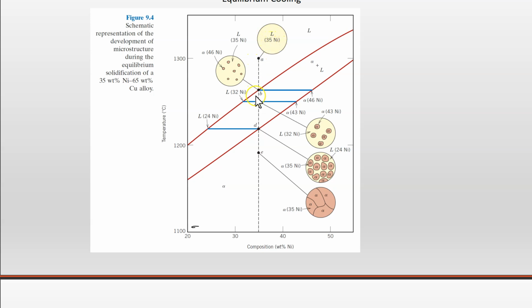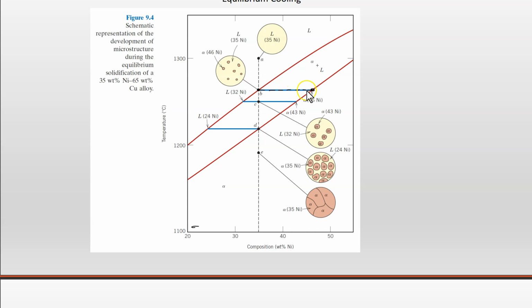When we hit the liquidus, we will start to see the formation of the alpha solid solution. Now, liquid of this composition will be in equilibrium with solid of the composition shown here. We can get the two compositions that are in equilibrium within this phase field of alpha and liquid, where we have two phases coexisting.